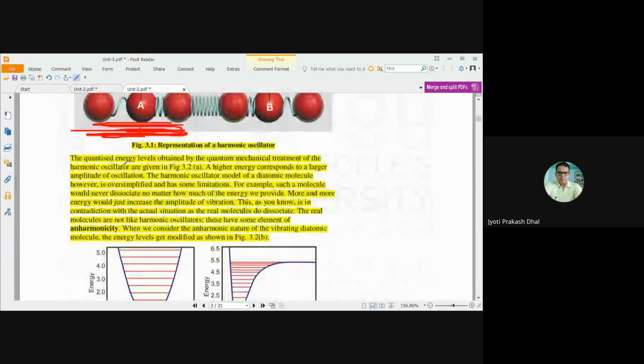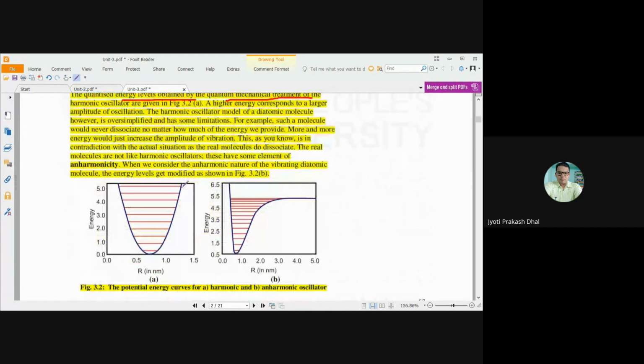The quantized energy levels obtained by the quantum mechanical treatment of the harmonic oscillator are given below. So this is for the harmonic oscillator. You can see this is the equilibrium distance Req. There is a chance of compression and expansion. For compression, the bond length will decrease from Req, and for expansion, the bond length will increase.